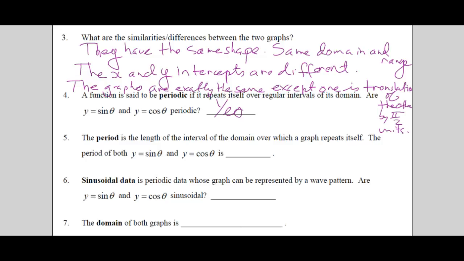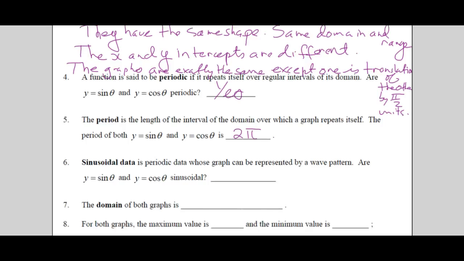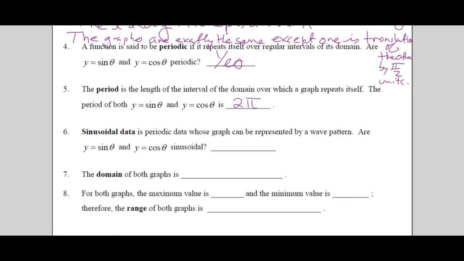Right? So in order to go through all of its values, right? So think of the sine function from 0 to the maximum, back to 0, down to the minimum, back to 0, is 2 pi. Sinusoidal data is periodic data whose graph can be represented by a wave pattern. Are they sinusoidal? I mean, it's named after sine, so yes, they are.